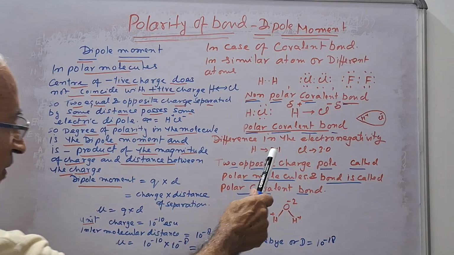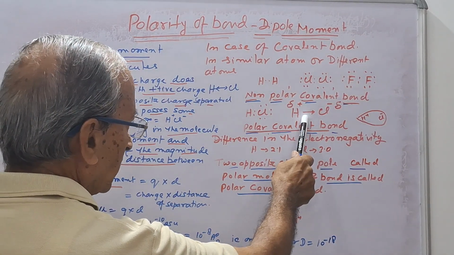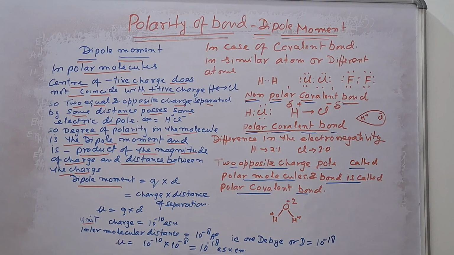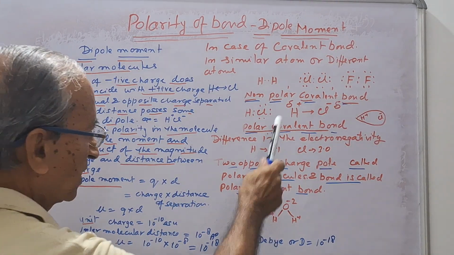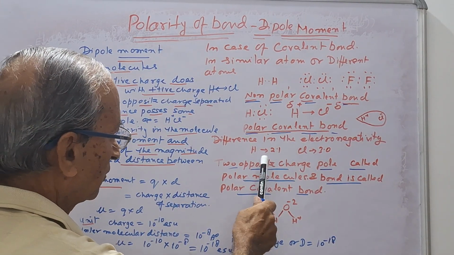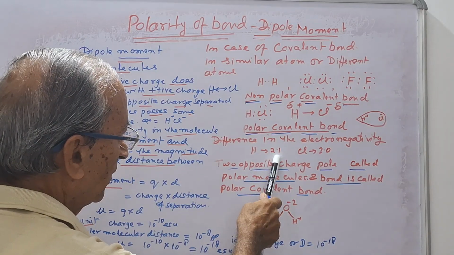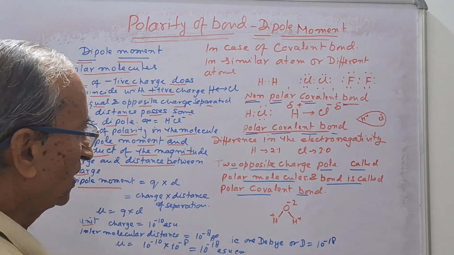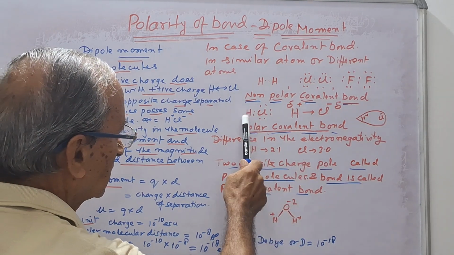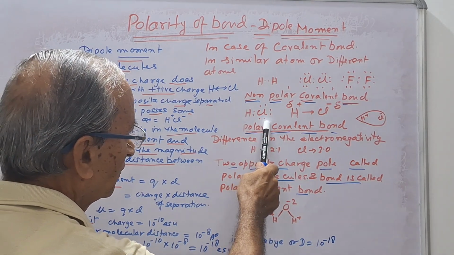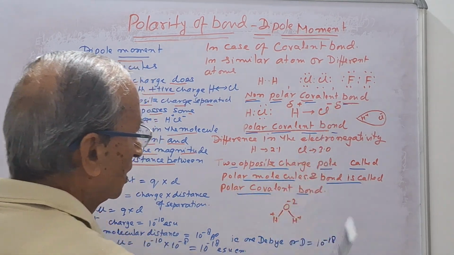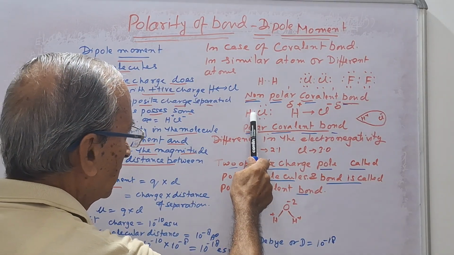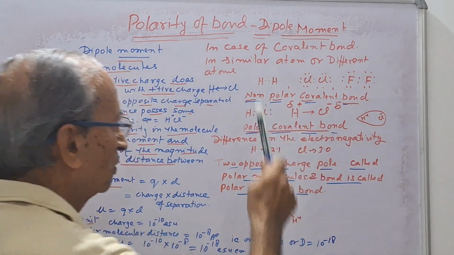Now shifting of the electron pair also depends upon the electronegativity, as I explained to you. In this case, if you see, electronegativity of the hydrogen is 2.1 while chlorine is 3.0. It means electronegativity in the case of the HCl is more for chlorine, so the shift of the electron pair is toward the chlorine.